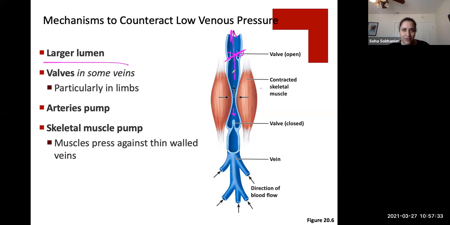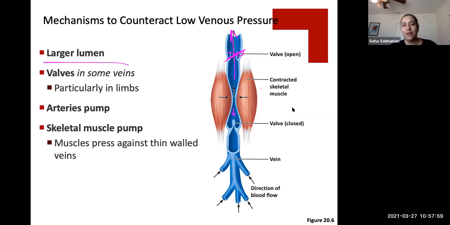Arteries have the highest pressure, correct. And then arteries eventually become your arterioles, your capillaries, and eventually your veins, right? So veins are going to have the lowest pressure. And how do I ensure that that lowest pressure can still take the blood and send it back to the heart? They're going to use these four mechanisms.